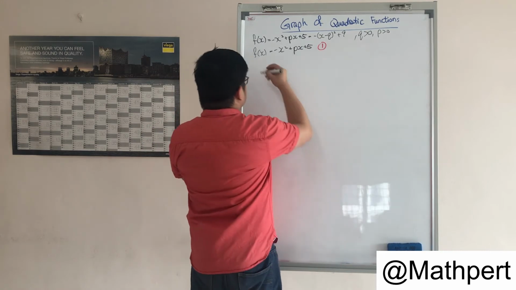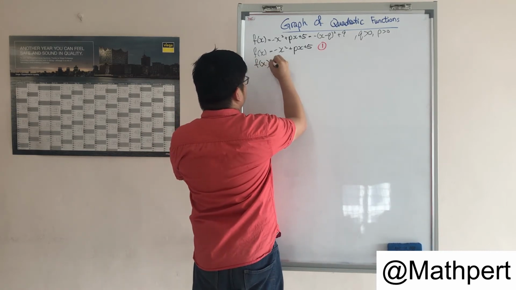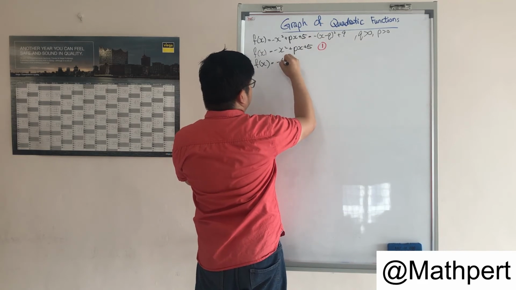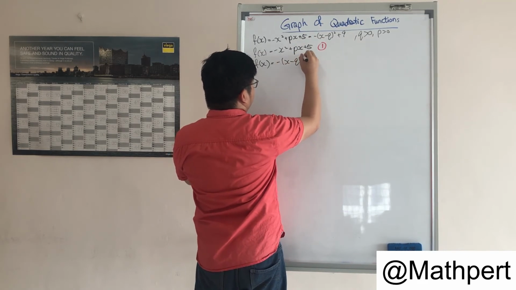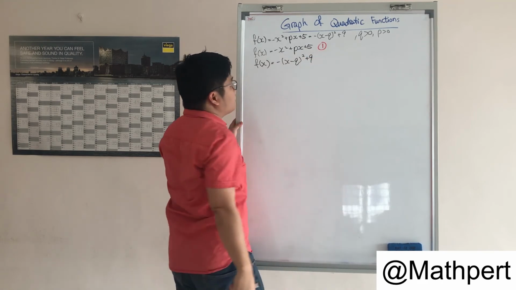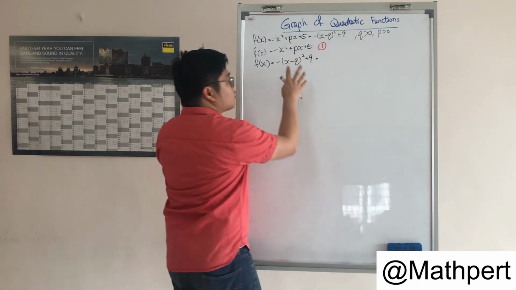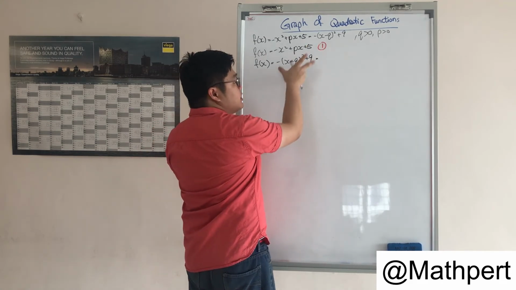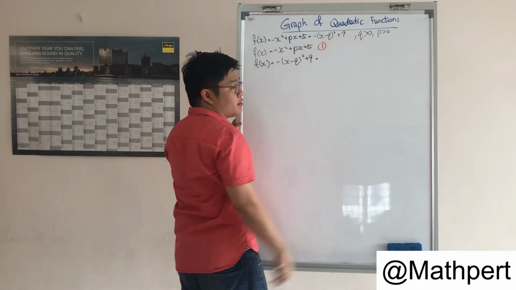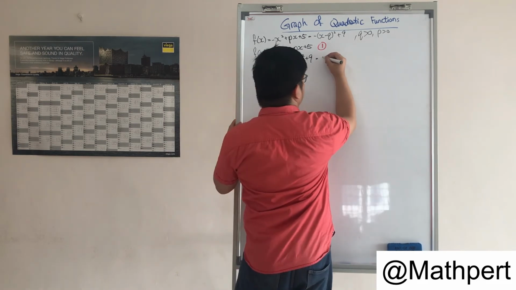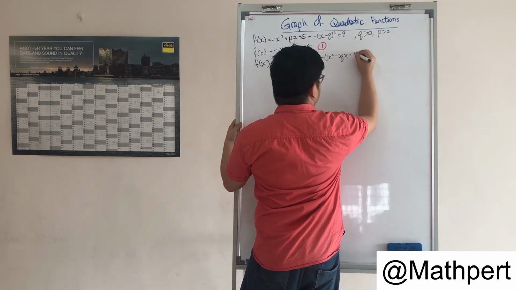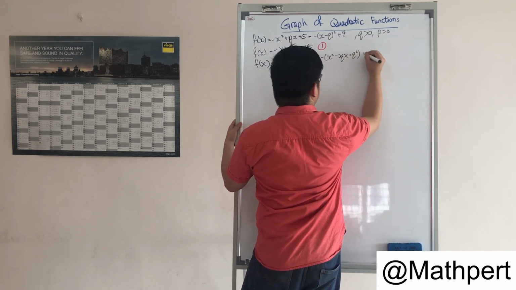Then the second quadratic function, f(x) equals the back one, minus (x minus q) squared plus 9. We can expand this so that we can compare it with equation number 1. By expanding this, we get x squared minus 2qx plus q squared plus 9.